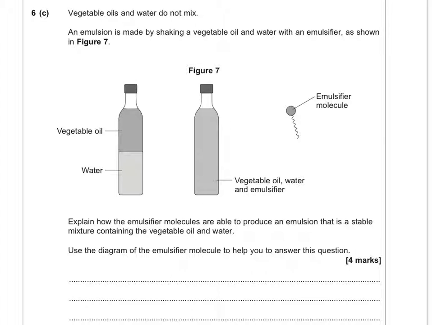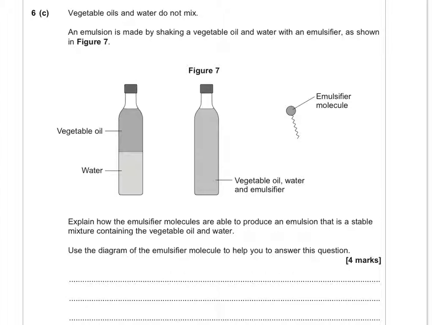And finally, we've reached the last question. Vegetable oils and water do not mix. An emulsion is made by shaking a vegetable oil and water with an emulsifier, as shown in figure 7. Explain how the emulsifier molecules are able to produce an emulsion that is a stable mixture containing the vegetable oil and water.